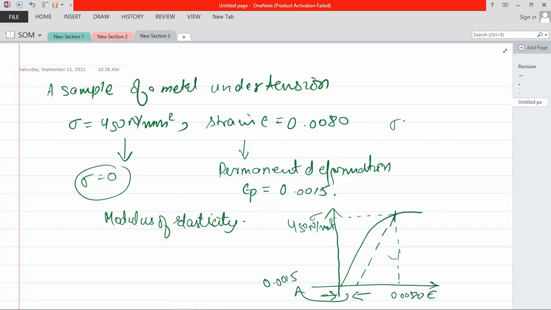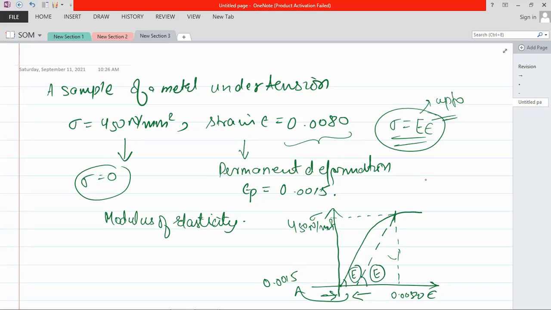So you know stress is equal to epsilon into elasticity. This is up to Hooke's law. But here it is given that it is elastically deformed up to the plastic region, and there is a permanent deformation for the metal. Just remember that if it comes back along the same line, because of the permanent deformation, the slope and elasticity are both equal. Why?